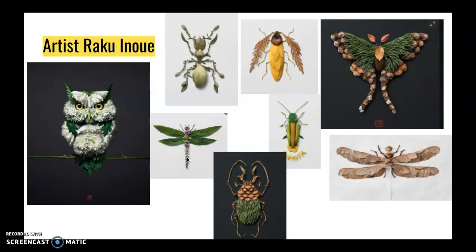I also saw some work by this artist, Mr. Inoue, who did lots of insects and animals, all sculpted and laid out, designing and replicating what God created with some more natural materials and then photographing them. So you could do a self-portrait or you could do an insect or an animal of sorts.